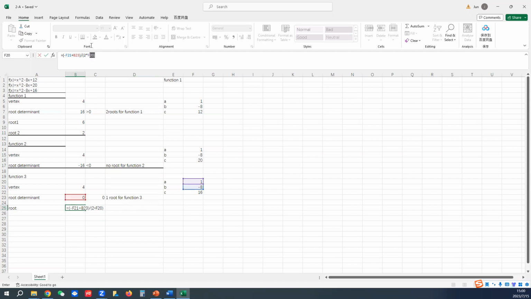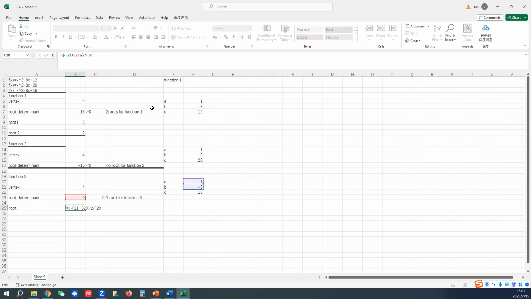I suggest that you be meticulous. Just add brackets as is necessary, as much as possible, I would say. Here, if you don't add brackets, what Excel will do is use this addition to be divided by 2 and then multiply by your F20, which is A. That's not right.